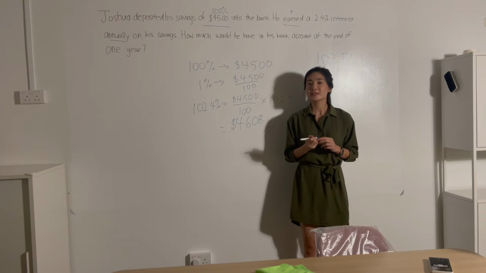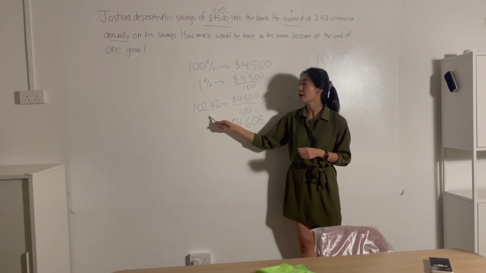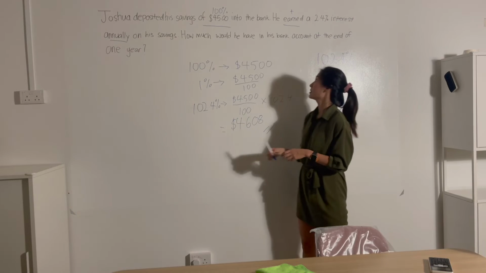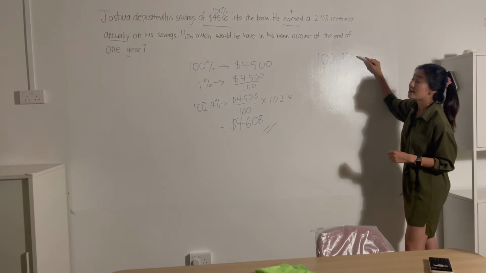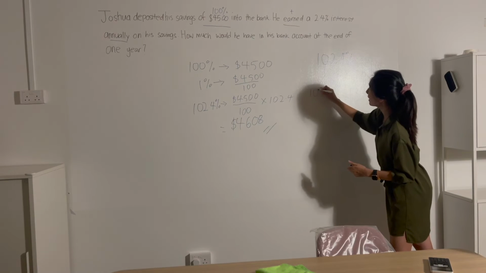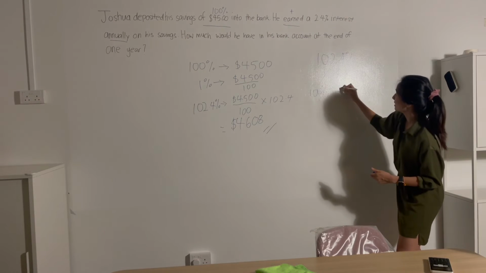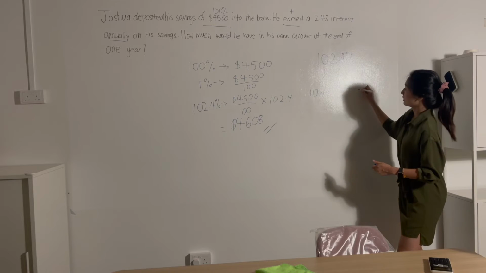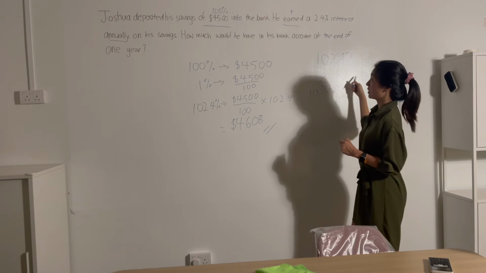Next, students, you may be wondering how we got 102.4% here. Basically, we have 102.4% from 100% plus the 2.4% interest. This is what the question is interested in.